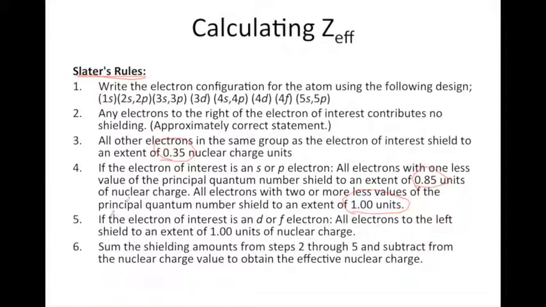I'm not going to get into d and f electrons here, but essentially we assign these values to the electrons and then we subtract the shielding value from the overall nuclear charge. Before you turn off the video, let's practice a couple and you'll see it's not so bad.